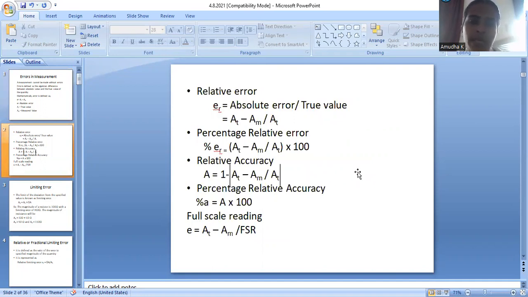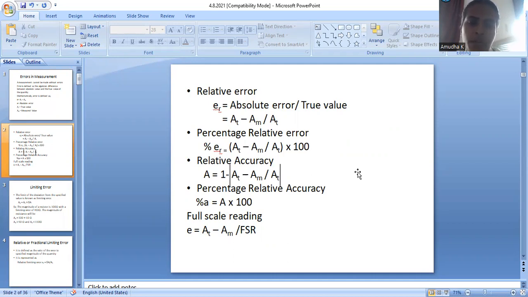And relative error. Relative error is equal to absolute error divided by true value. That is, A suffix T minus A suffix M, the difference between the absolute value and measured value, divided by the true value or absolute value. So that is relative error. Then percentage of relative error is obtained by multiplying by 100.